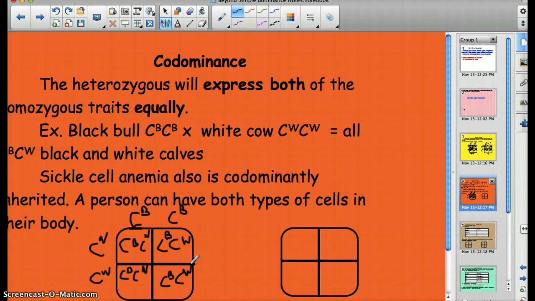Oh, I just realized that I did the wrong problem. It was supposed to be a black and white cow. So notice that all of mine are black and white, so that's what that one is.